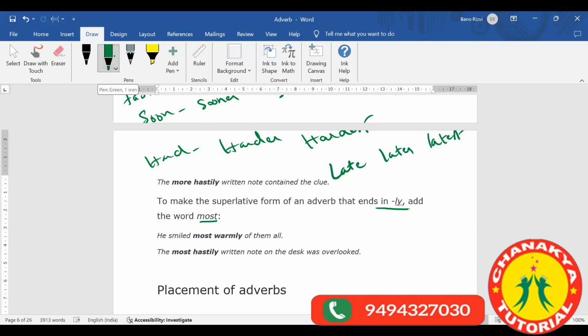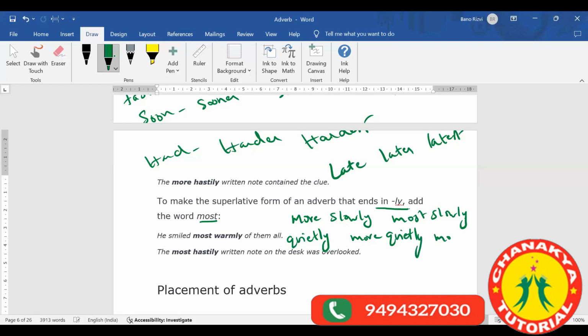If I have quietly, it is going to be more quietly, and it is going to be most quietly. All of you will understand?